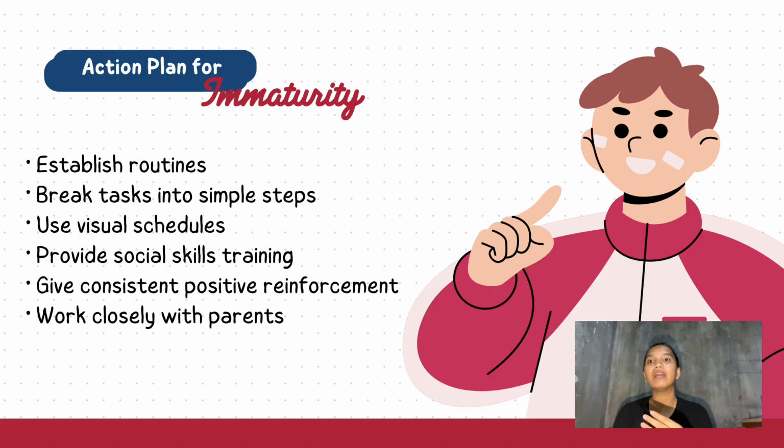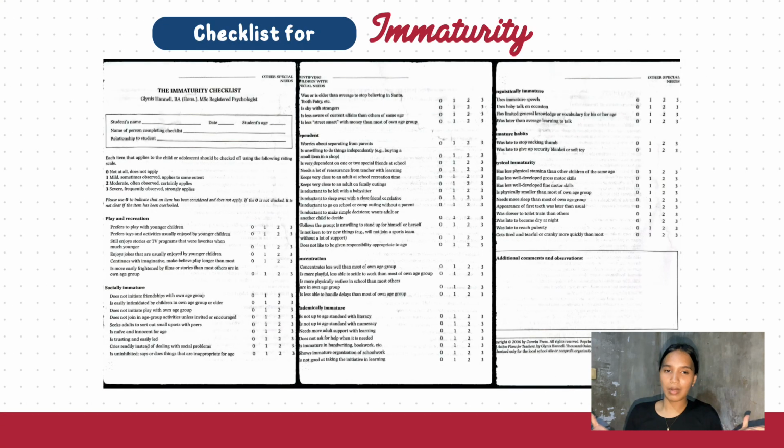And yung pinaka-important is magbigay tayo ng consistent positive reinforcement for even small successes, kahit pa na maliit na success sa kanila, kailangan natin silang bigyan ng positive reinforcement. So, ito nga pala yung example ng checklist na ginagamit nila.